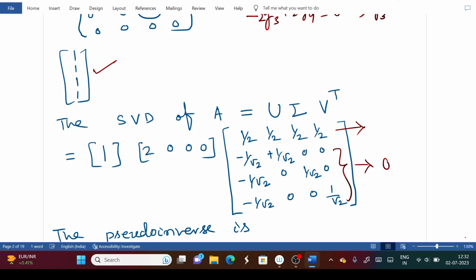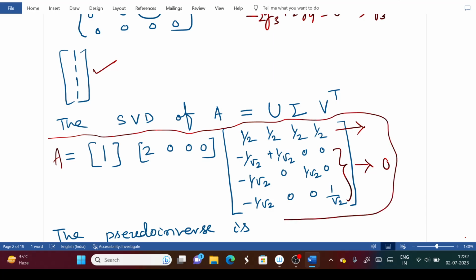So this is V, I got V, I got U, and what about sigma? Sigma here: only one non-zero eigenvalue is there, so its square root is the singular value sigma 1 equal to 2. So this is the required SVD of A. This is the SVD of A.